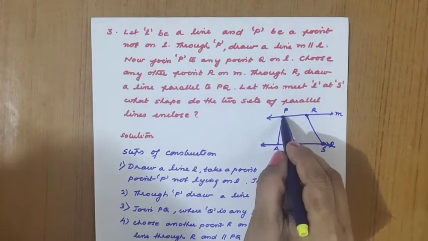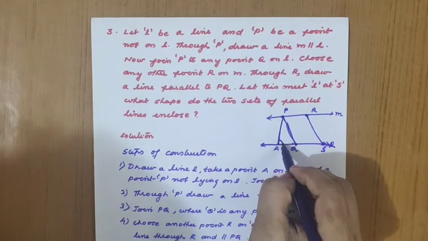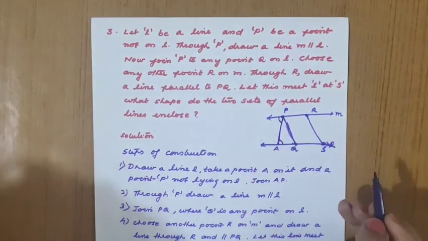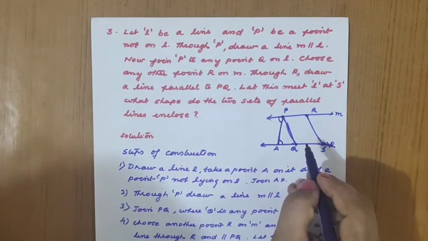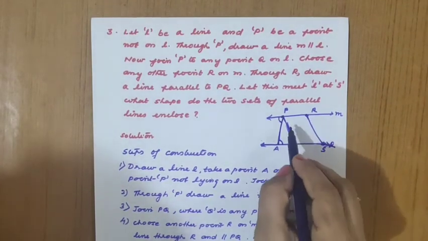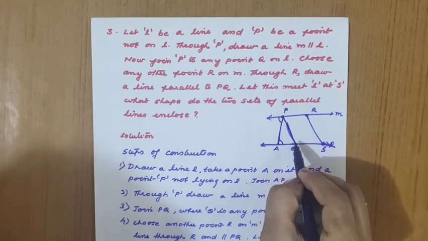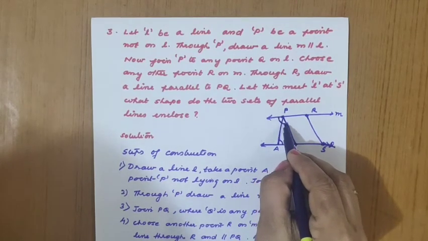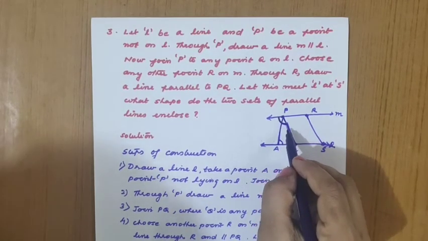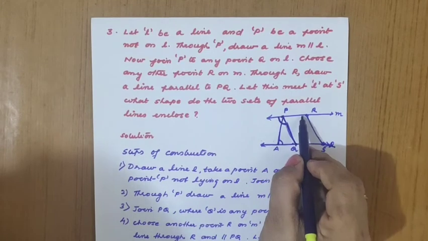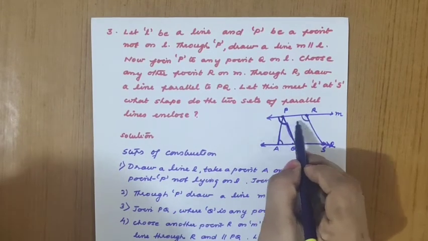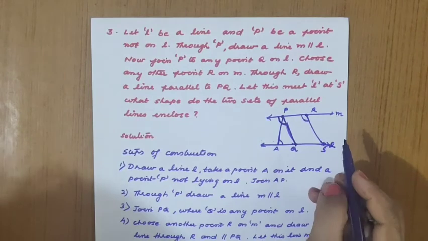When we were drawing from a point A, alternate interior angle only we have used, right? But here we have to draw a line parallel to PQ only. So this already constructed angle will be there, and that measurement we can use here. So this is the corresponding angles property we have to use.